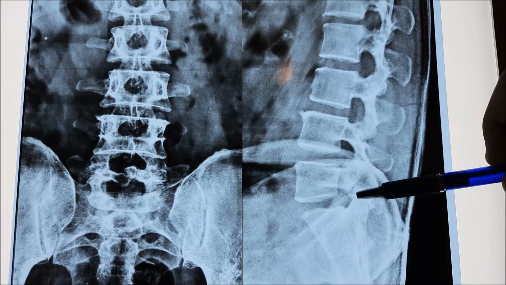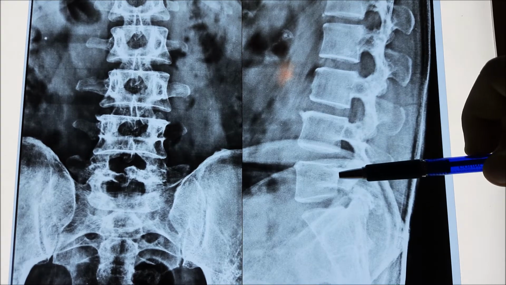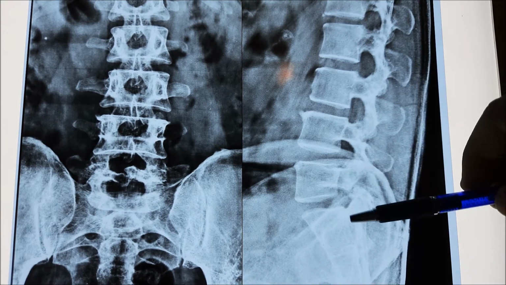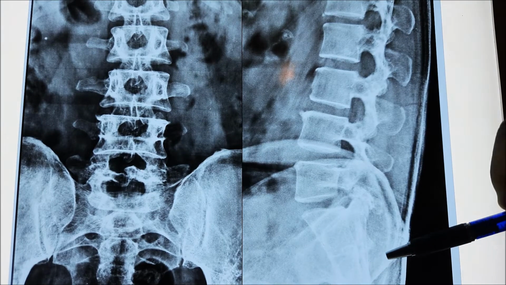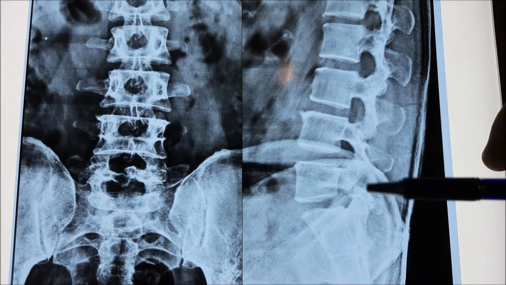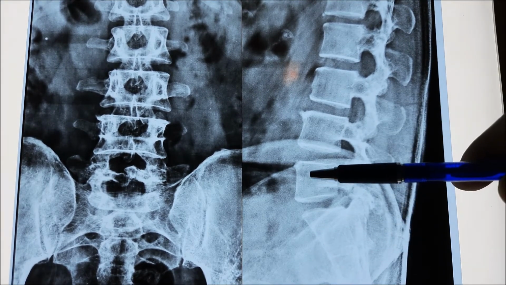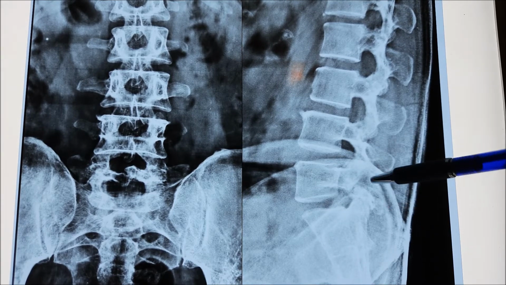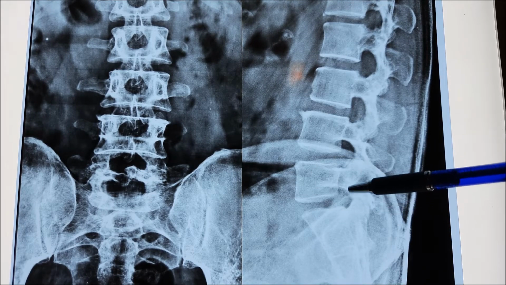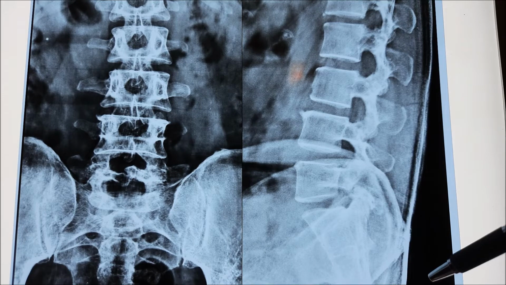When there is a fracture in the pars interarticularis, and as a result the spinous process and the vertebral body get separated, that is called spondylolisthesis. As many of us know, when there is a spondylolisthesis, this bone looks like a Scottie dog. This is how the Scottie dog looks, and that is the Scottie dog appearance whenever there is a spondylolisthesis.